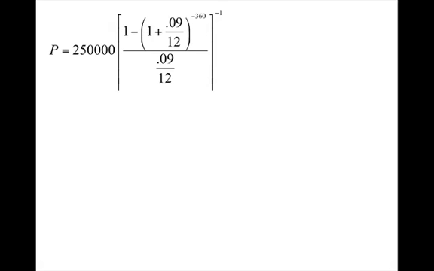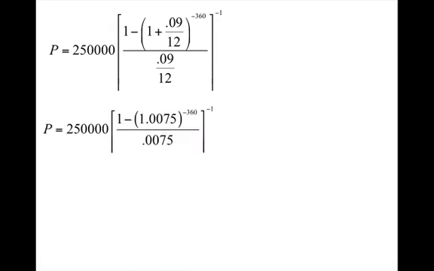So if we look at this on paper, the 1 plus 0.09 divided by 12 gave me 1.0075. Now to save room on my computer screen, when I noticed that that decimal terminated, I went ahead and took the 0.09 divided by 12 in the denominator and made it 0.0075. You can either do that, or you can do like I did on my calculator and just leave it the fraction.